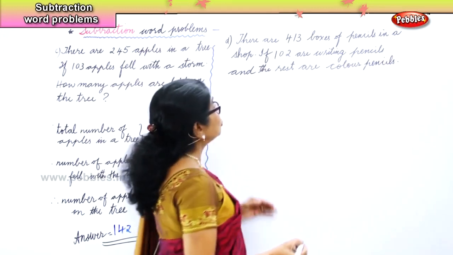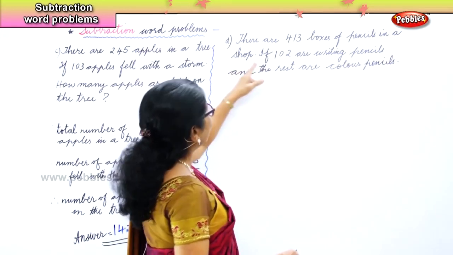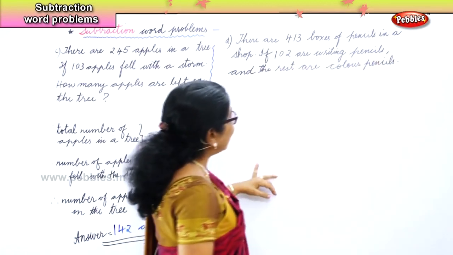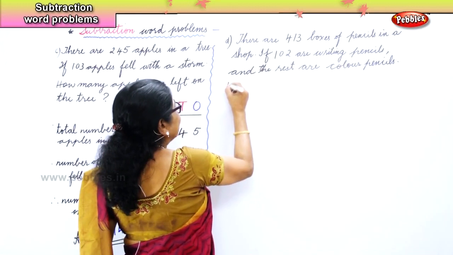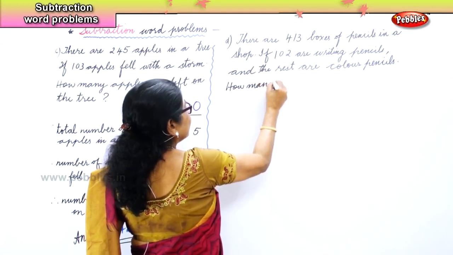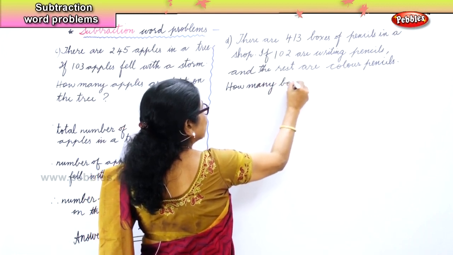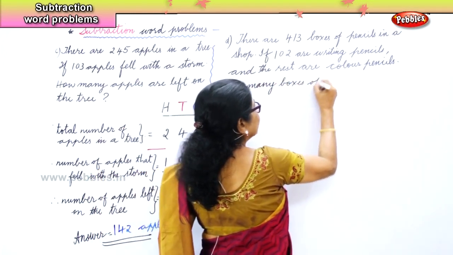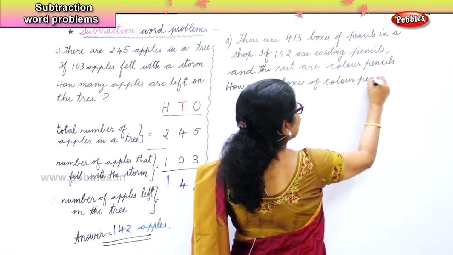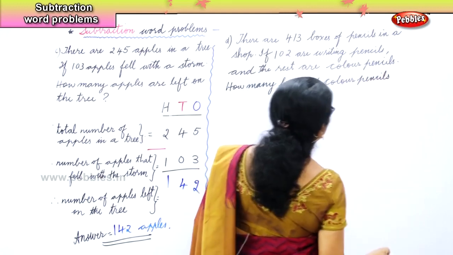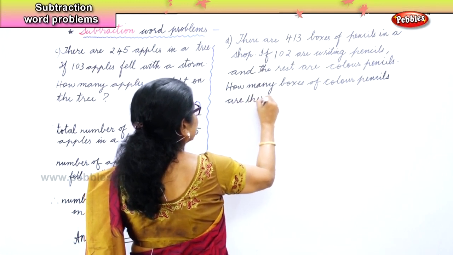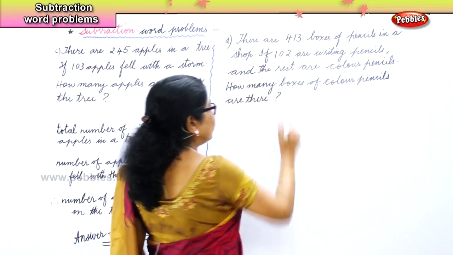There are 413 boxes of pencils in a shop. If 102 are writing pencils and the rest are color pencils, the question is how many boxes of color pencils are there? That's what we are going to find out.